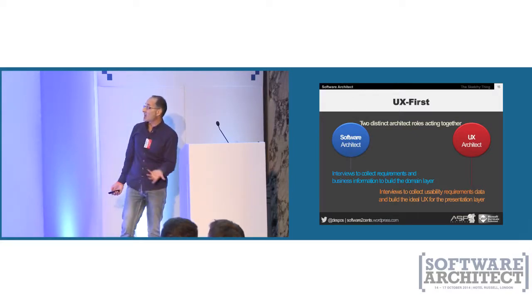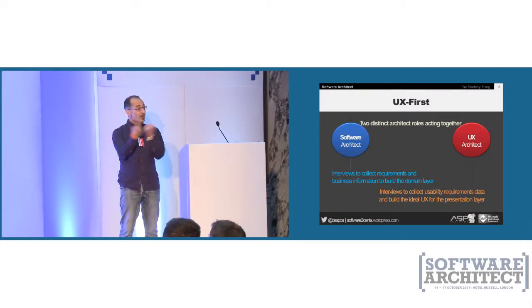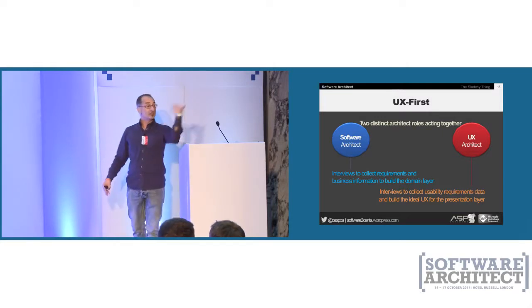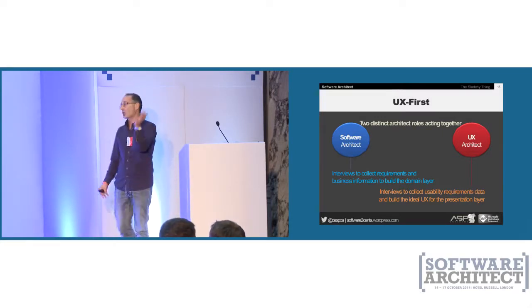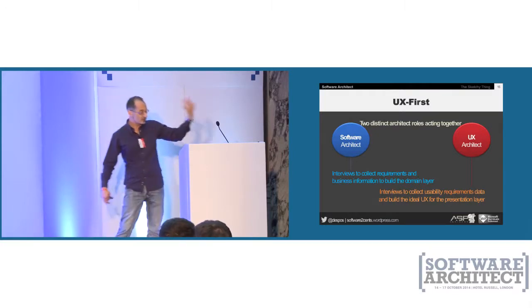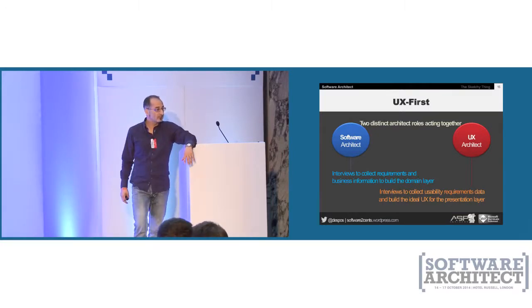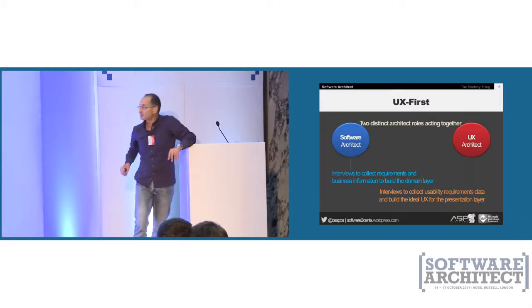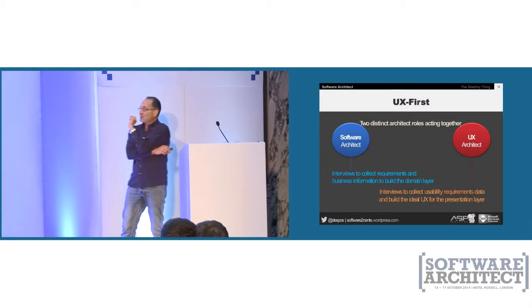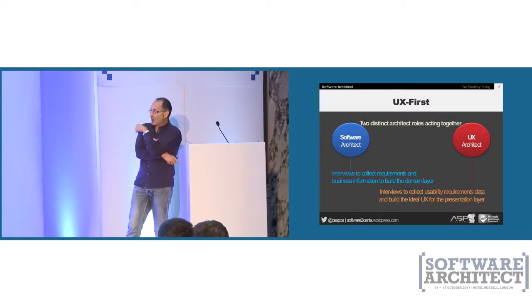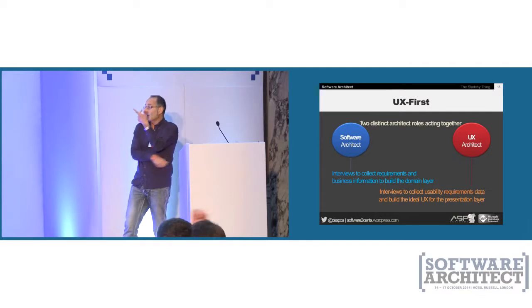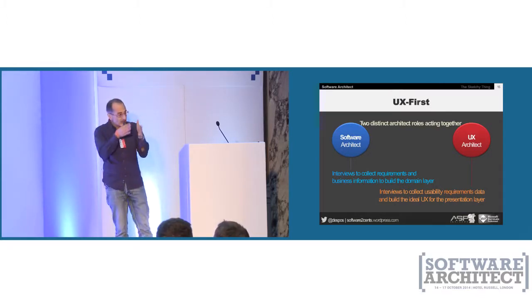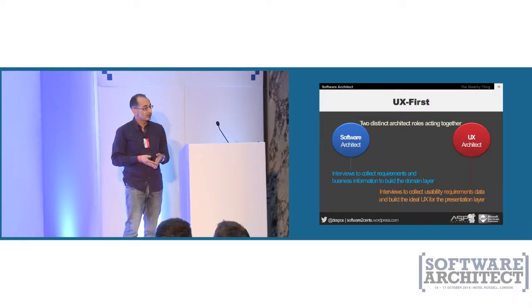And the UX architect, in parallel, interviews the same users, or end users in particular, with a particular focus on end users, to collect usability requirements, and on top of that builds what they think to be the ideal user experience to be implemented in the presentation layer.